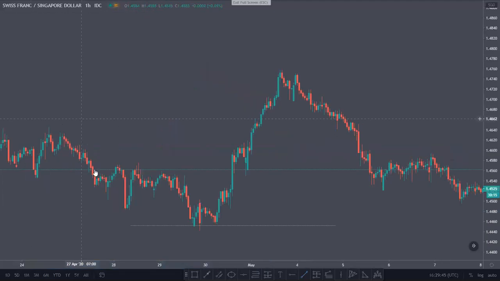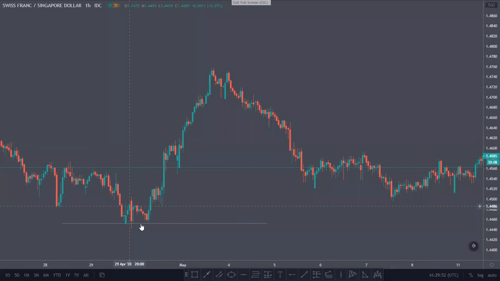It kept on falling, forming lower highs, lower lows, lower highs, lower lows, and then it decided to change course from here. Okay, so it formed a new low, after which it broke above the previous high, and then already you know this is a characteristic of an uptrend.